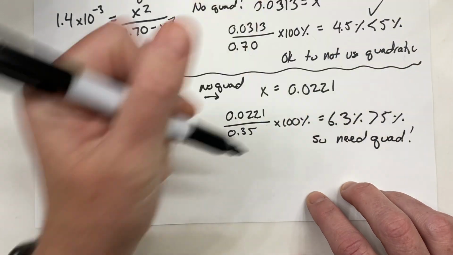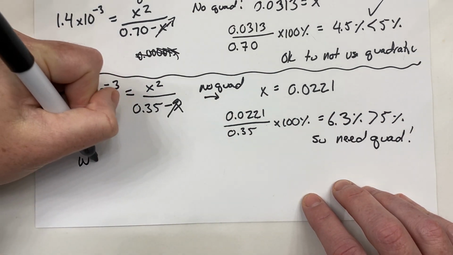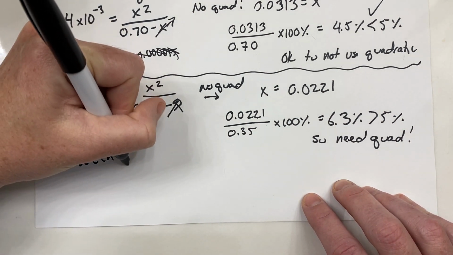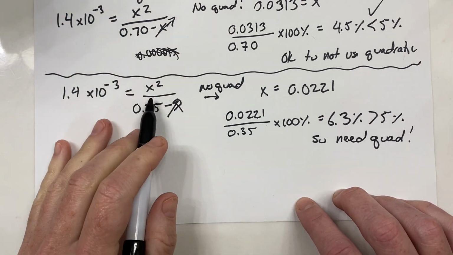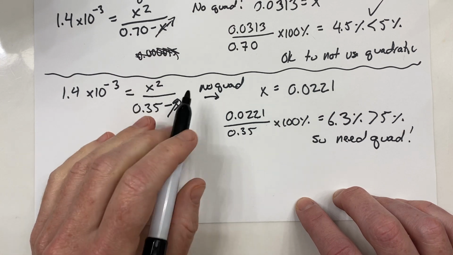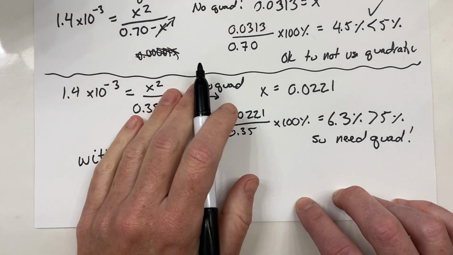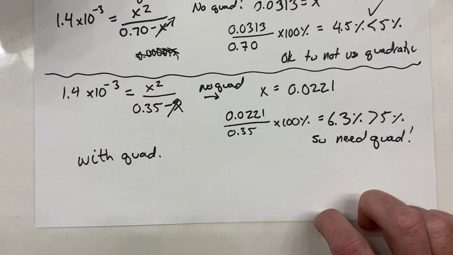It's not negligible. And so then if you go ahead and solve the same problem with the quadratic, you move all this stuff to one side, and I suggest, again, you always have x squared on one side, so I would move this over there, and then I would subtract it this way, so you always have a plus b, or a plus b plus c.